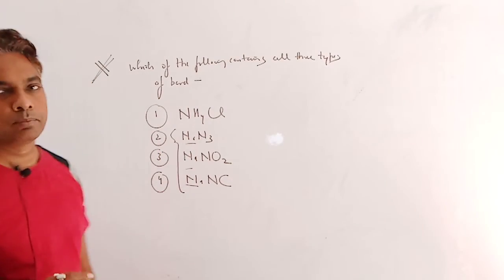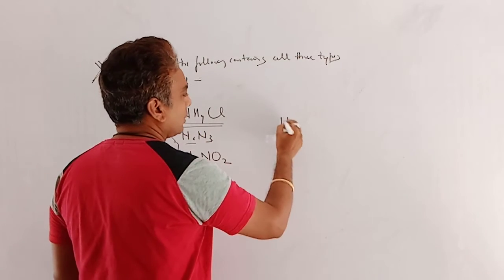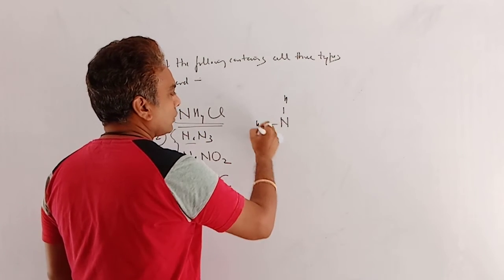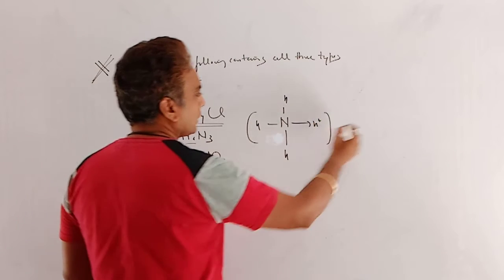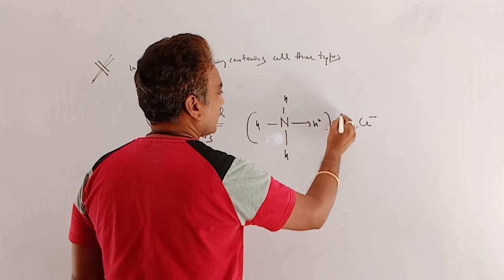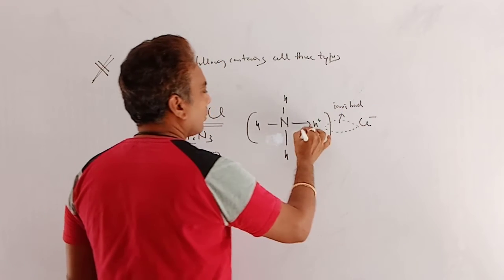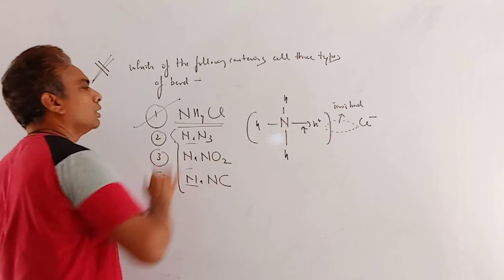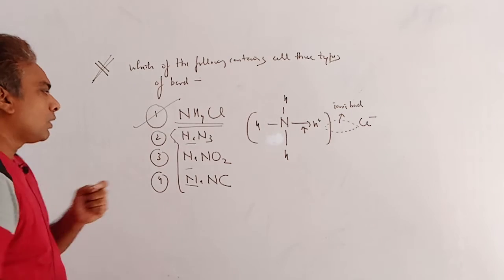Clear? And in case of NH4Cl, it is also ionic, since the dot structure of NH4Cl has ammonia coordinate to H+ as well as Cl-. In case of ammonium as well as Cl-, ionic bond occurs. Coordinate also. So this is the molecule in which all three types of bonds are present.